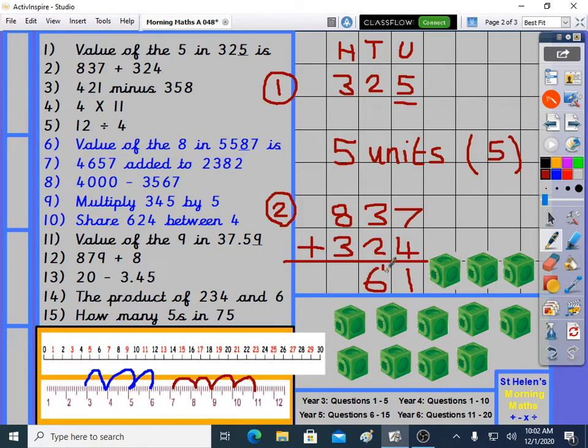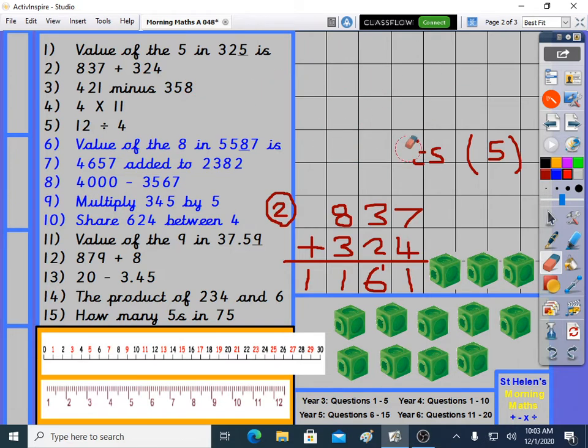Because there was that little one there, wasn't there? 3 plus 2 is 5, plus 1 is 6. And 8 plus 3, I'll use my top number line, 8 plus 1, 2, 3 is 11. So the answer is 1,161. A 4-digit number is the answer.